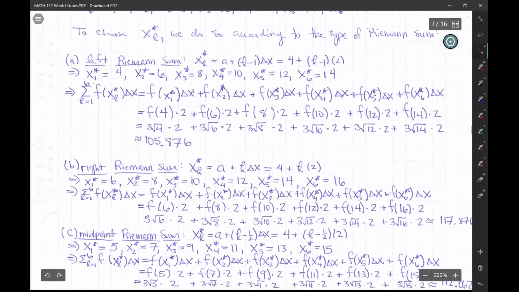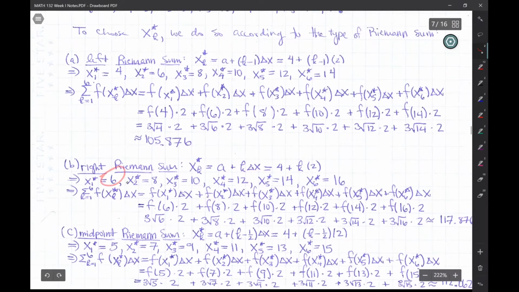And we'll get that these are the right endpoints, 6, 8, 10, all the way up through, increasing by a value of 2 units up to the point 16. Okay, and here's our Riemann sum. We're evaluating at the right endpoints now as opposed to the left endpoints. We're evaluating at the right, so we get 6, 8 instead of, say, 4 and 6 there for the first two.